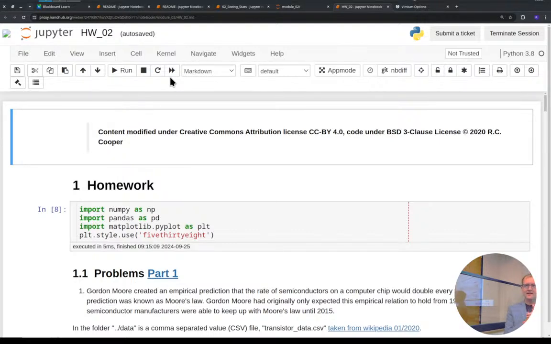We were just talking about Moore's law before, looking at what that looks like. Are you in the data exploration phase or the data analysis phase?